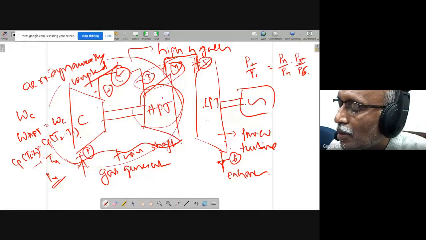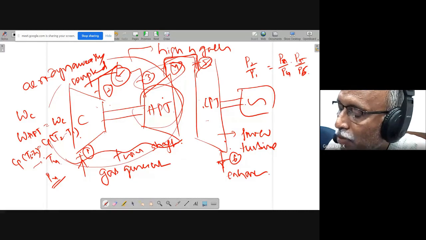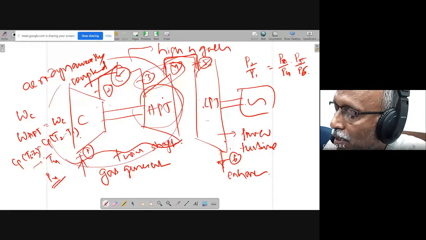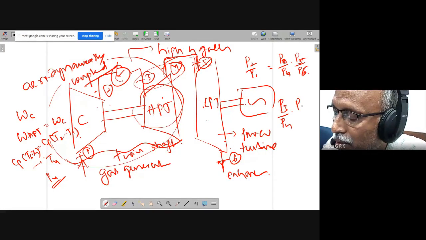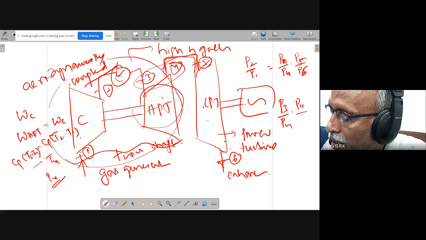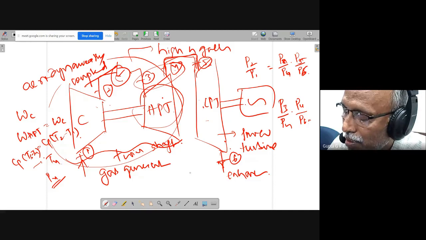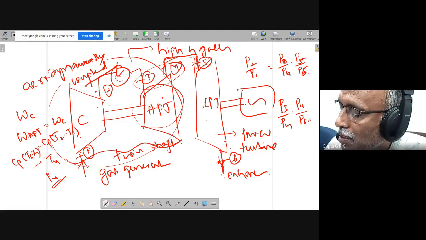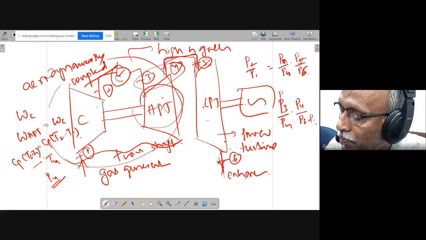Once you get P3 by P4, into P5 by P6, and P4 and P5 are the same, I can write it like this: P3 by P4 into P4 by P6, and P6 equal to P1 because it is atmospheric.